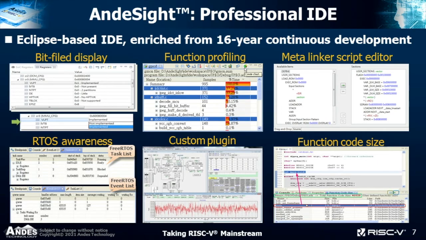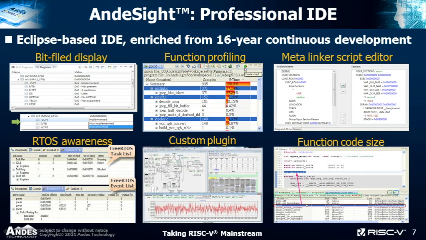AndeSight IDE is Eclipse-based, and it is enriched by 17 years of continuous development. Besides the basic features provided by Eclipse, additional features have been rolled out in the past. For example, the bit-field display. The IDE will show the register information at the bit-field level at runtime.